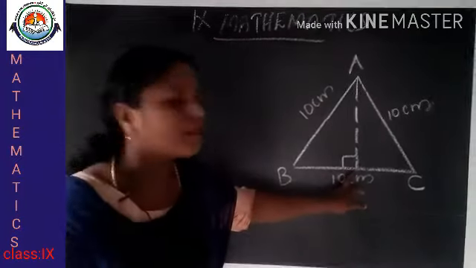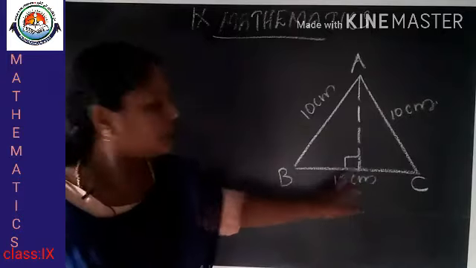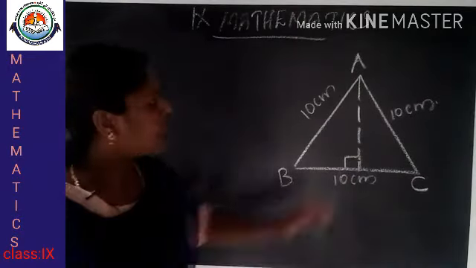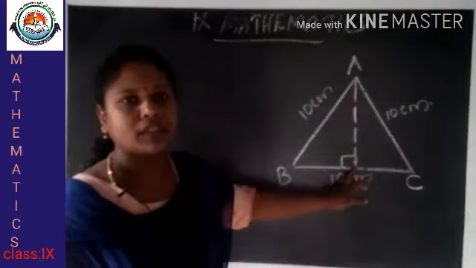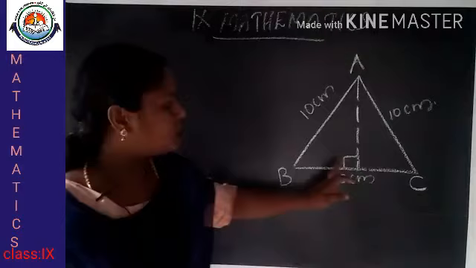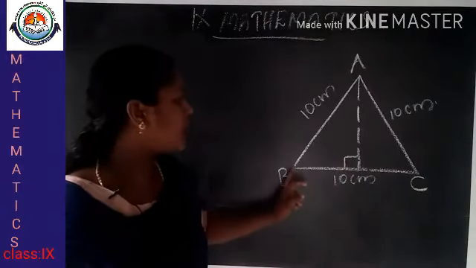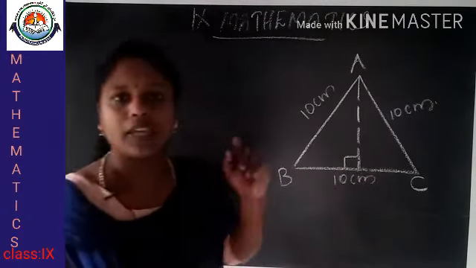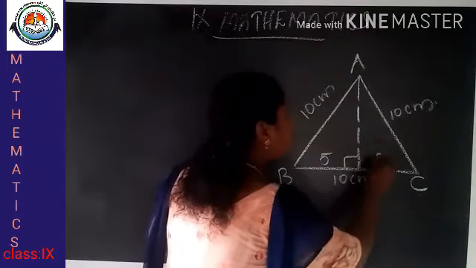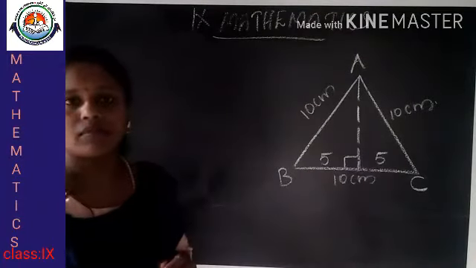This will be the midpoint. The length of BC is 10 centimeter and we have drawn a perpendicular from the opposite vertex to BC. Therefore, this line will divide this side into two equal parts. Therefore, it is 5 and this one also 5.